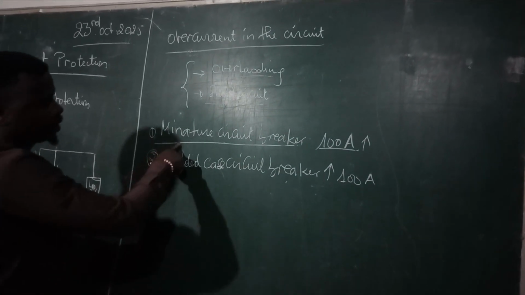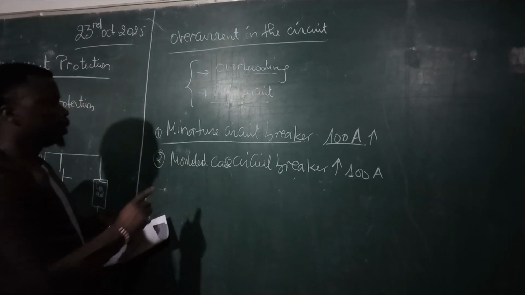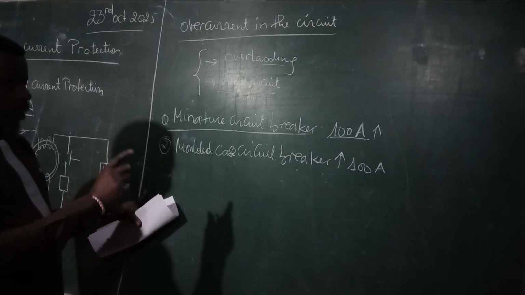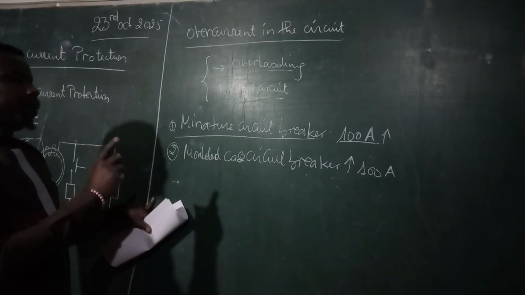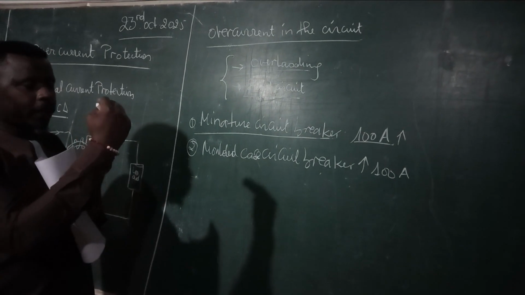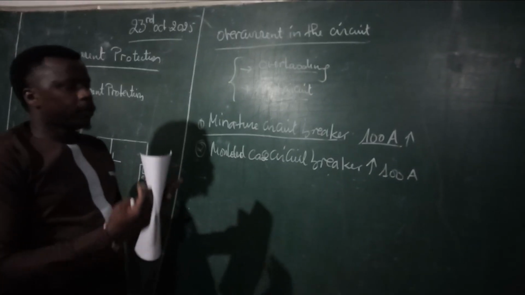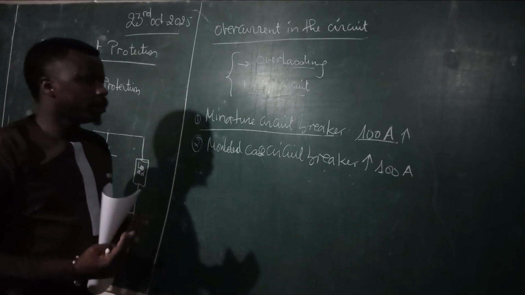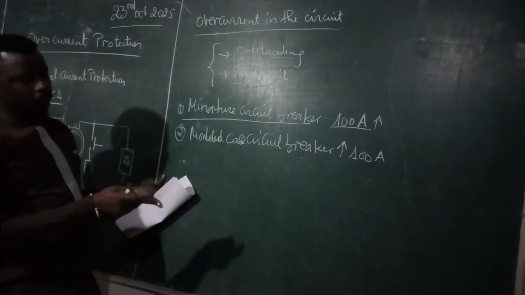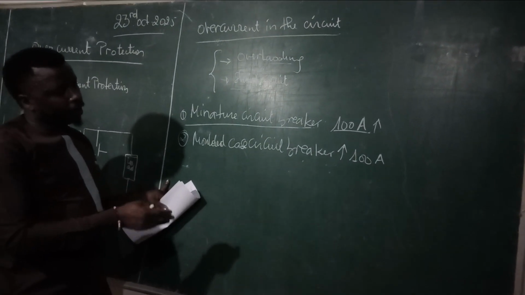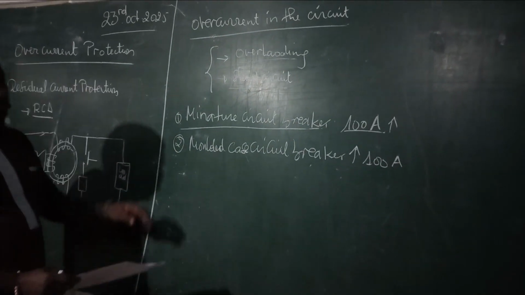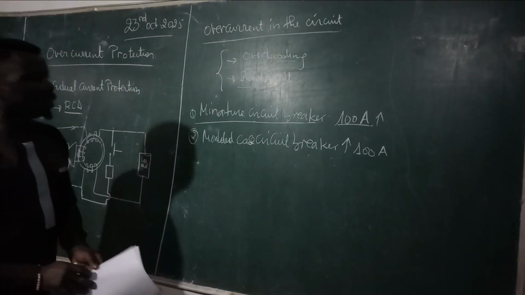The working principle and the technology that made them are similar. They use a metallic material so that when the current goes high, it can trip the circuit. Their difference is the setting and the technology they have, and also the amount of current they can handle.